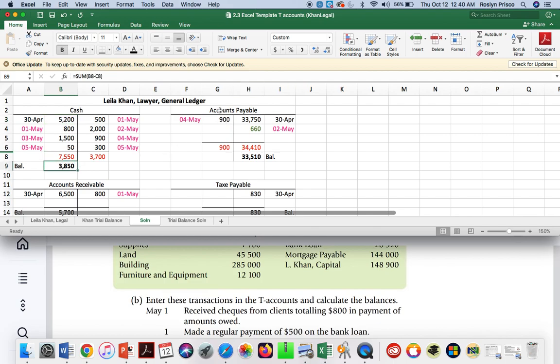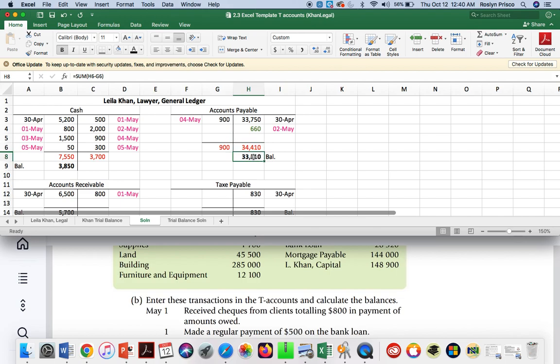I'll just go over here and demonstrate with accounts payable. So I'm adding up these two numbers to get this number in red. And 900, I just carried it down here. Deduct $900 from 34,410 and put the difference, which is $33,510, on the bigger side, and the bigger side in this case is the credit side.